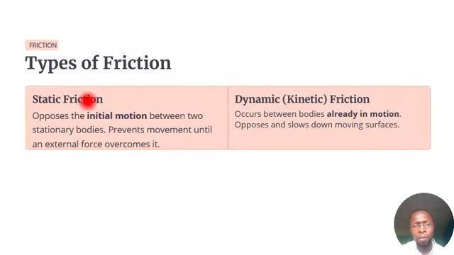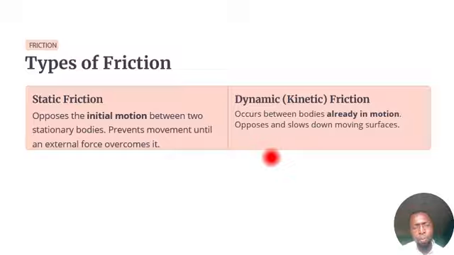That force is no longer static friction, because static friction will not even allow the object to move at all. It will only make the object make an attempt. But in dynamic friction, the object will be moving, but there will still be an attempt to stop that movement. That force is called dynamic friction. So it occurs between bodies already in motion and opposes and slows down moving surfaces.